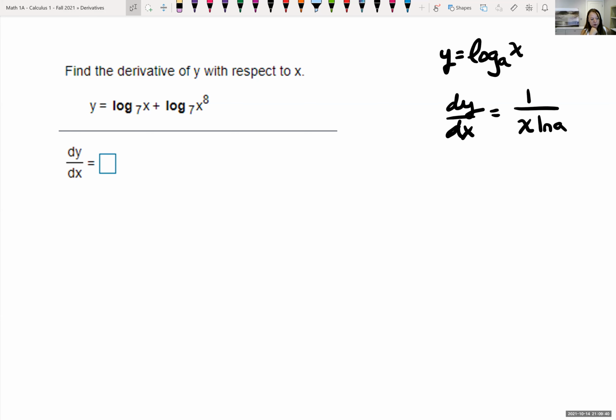But we have rules of logs that we could rewrite this first. So we can bring that exponent down from that x to the 8th as a coefficient in front of our log. And so we could rewrite y as the same thing as log base 7 of x plus 8 times log base 7 of x.